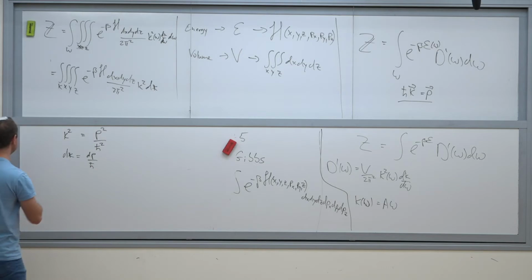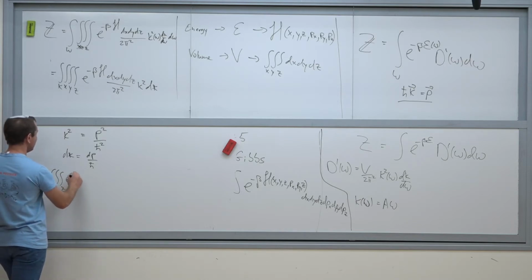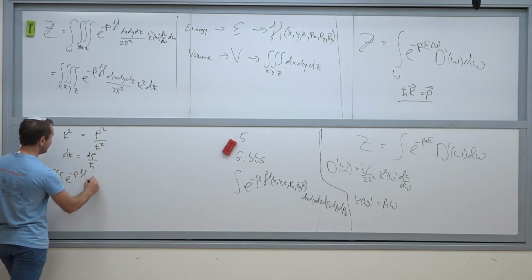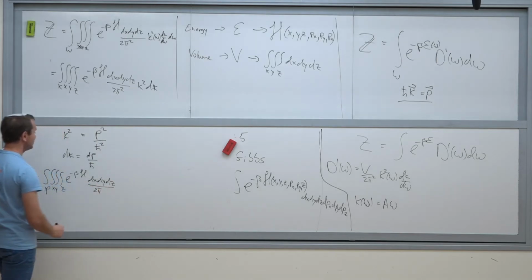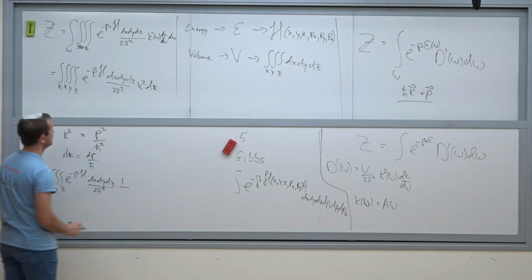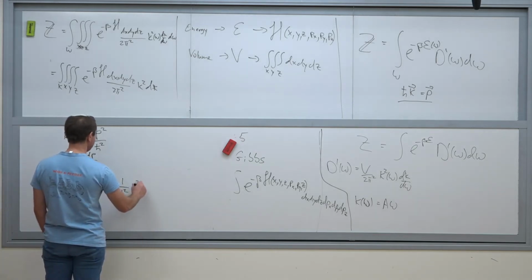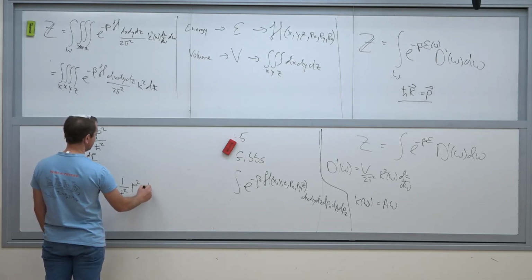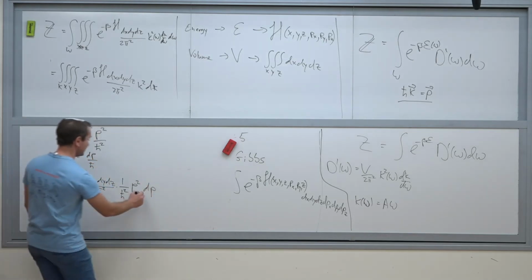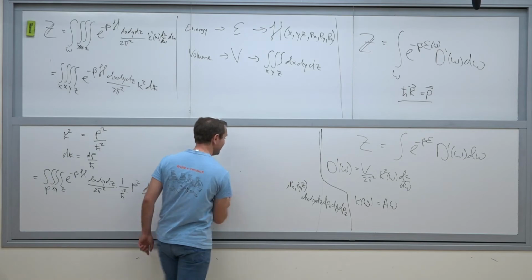Okay, we plug it into the integral and we obtain an integral over p, an integral over x and y and z, e to the minus beta Hamiltonian, dx, dy, dz, divided by 2 pi squared, multiplied by 1 over h bar squared, p squared, dp, divided by h bar. Okay, so this is our integral so far.